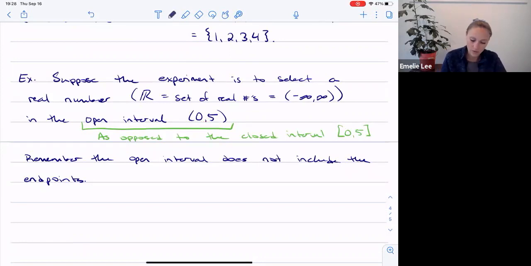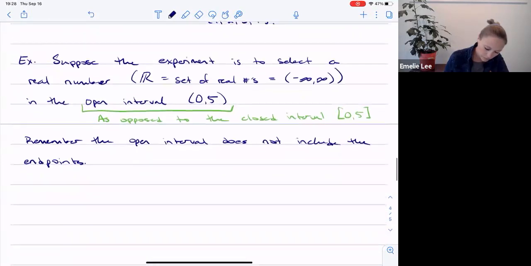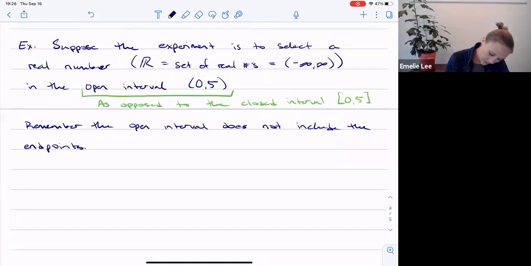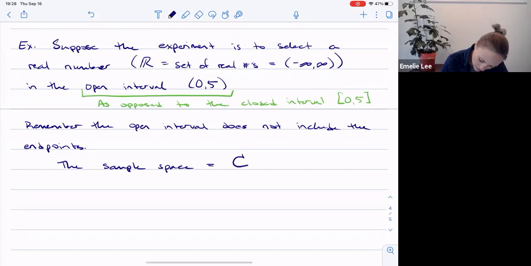Because those are all the possible outcomes from our experiment. And so the sample space, which I'll try to make a kind of script C here, is the open interval from 0 to 5.